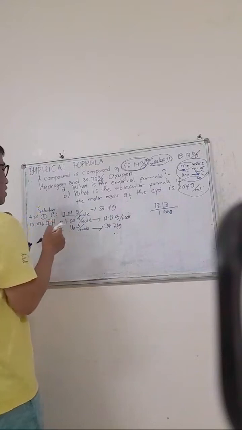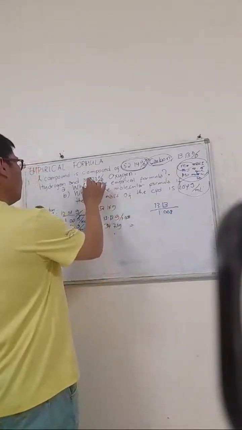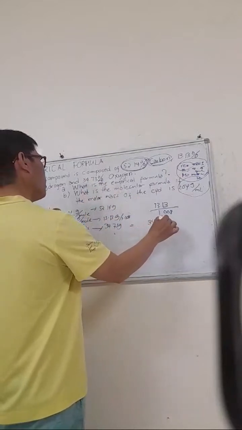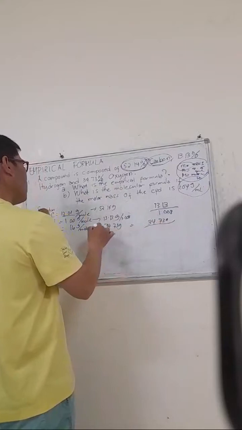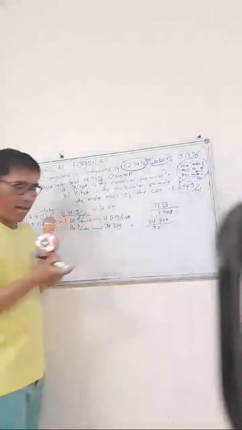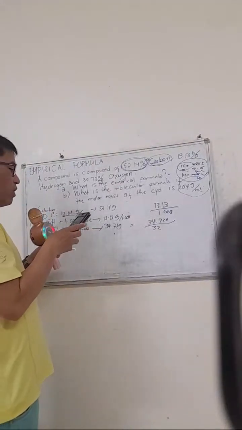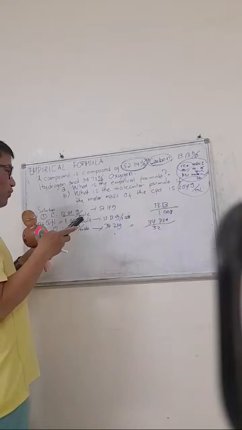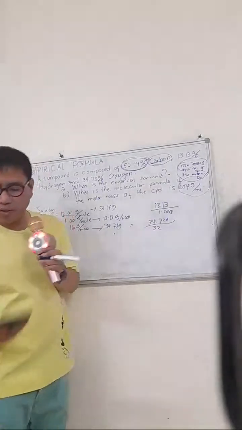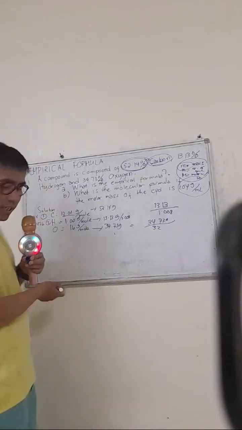And for oxygen, the mass of oxygen is 34.73 grams over the atomic mass of oxygen, 32. So 34.73 divided by 32 is equal to 1.085. Am I correct?